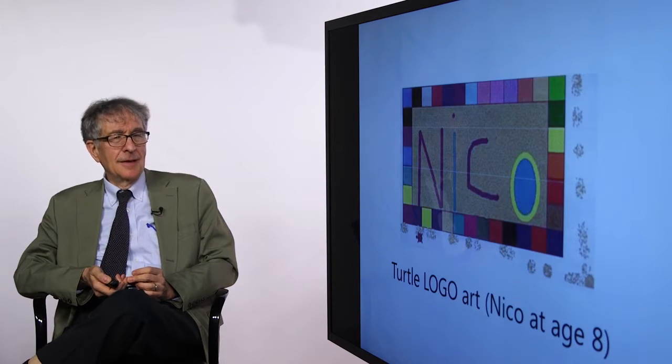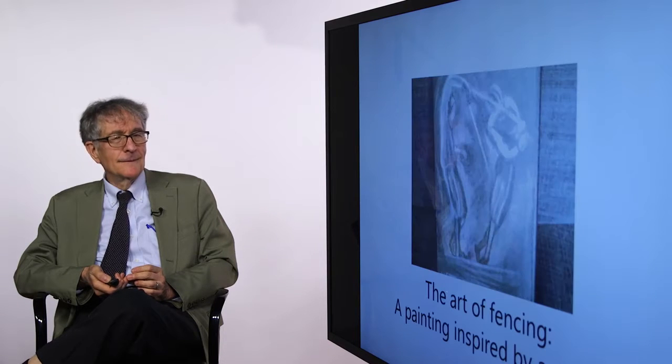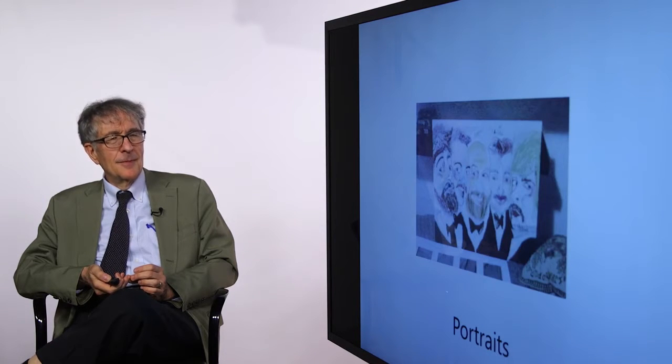And yet, at age 8, this is a work of art that he made. This was a painting that he made inspired by a photograph. These were portraits he made of other people. He was also a fencer, quite a good fencer.